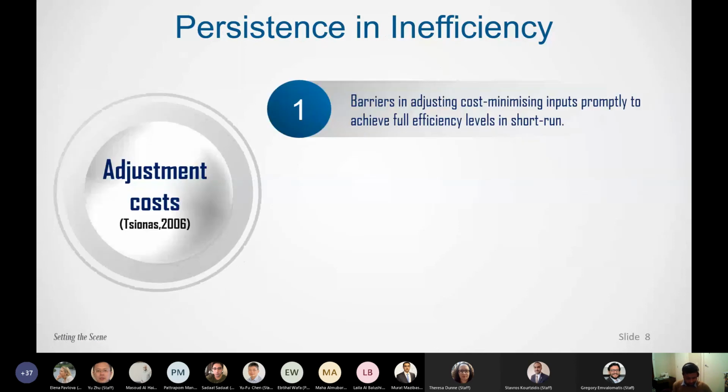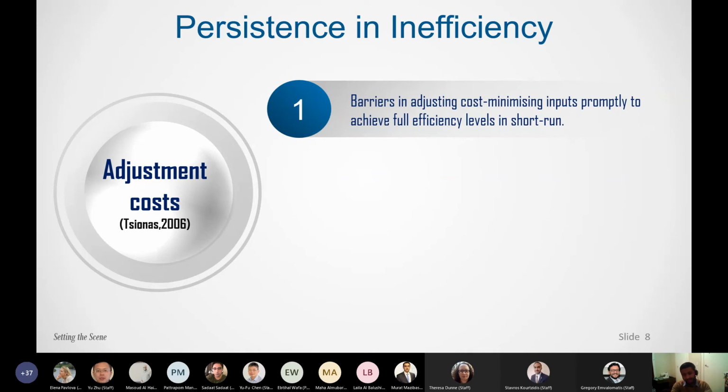Now, it was a concept put forward by Sionas in 2006, and adjustment cost was used as a motivation for it. Basically, adjustment cost means that if we talk about a hospital, he didn't use a hospital as an example, but in the case of a hospital, the doctors or the management have difficulty adjusting to the inputs that minimize the cost.